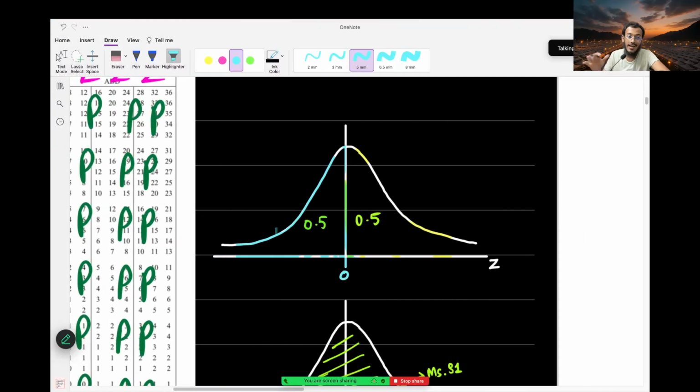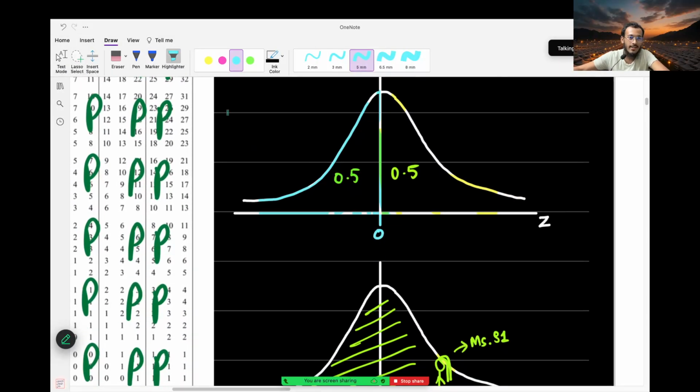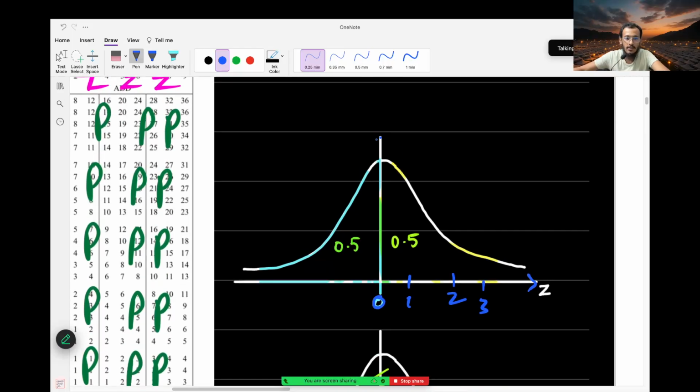Okay, so I will teach you how to read this table. You might be confused by seeing this table, but here it is. This is the x-axis z, and these are the values 0, 1, 2, 3, and this is a different function. I don't want to name the function. I think it's called the CDF, cumulative distribution function, or it could be the PDF. Never mind, we're not interested in the function.